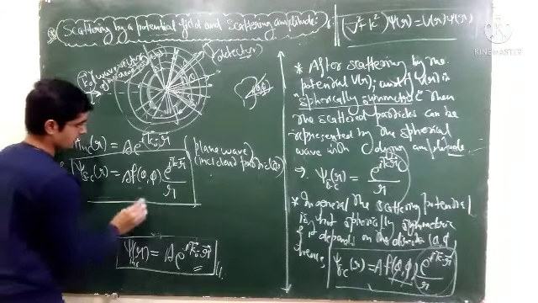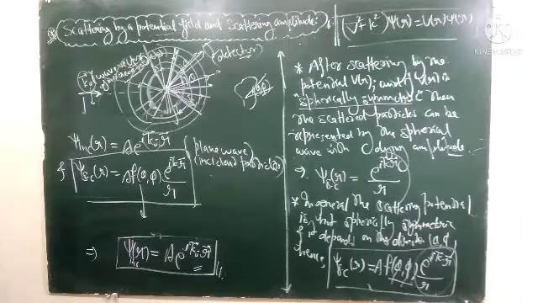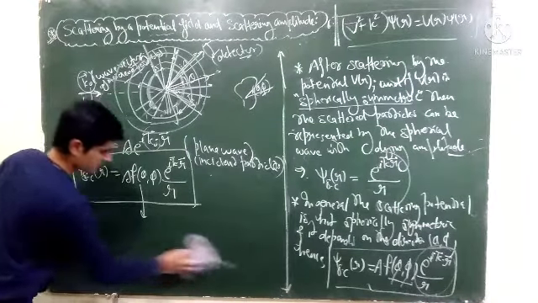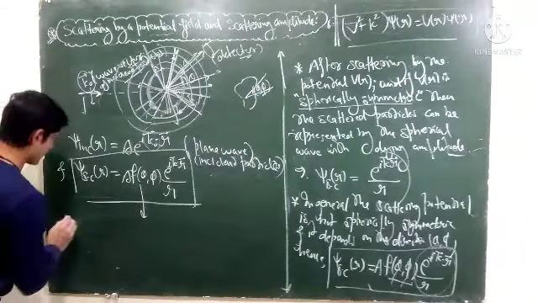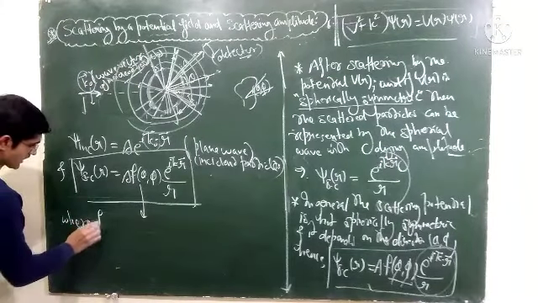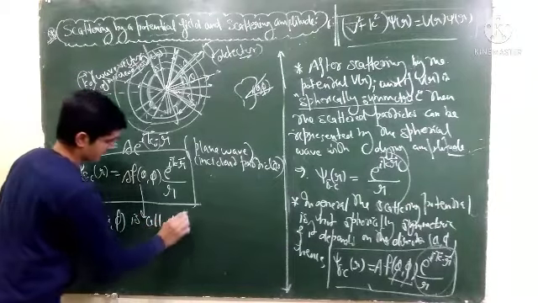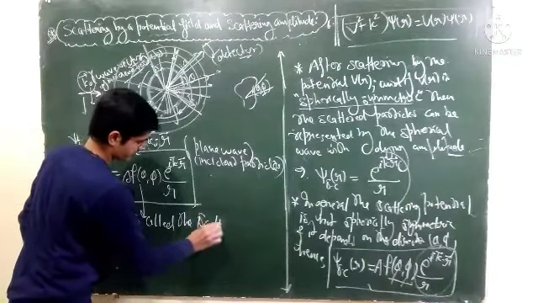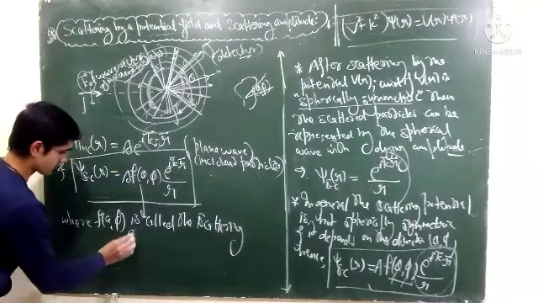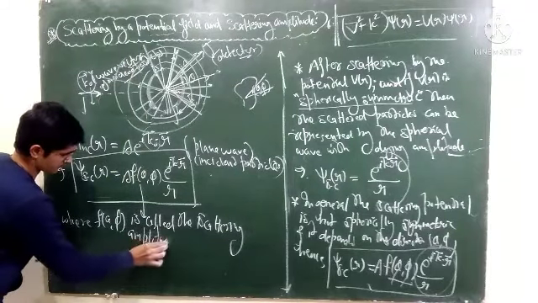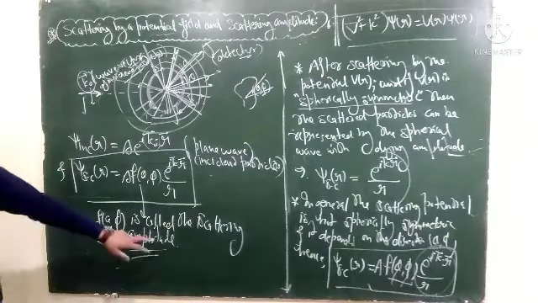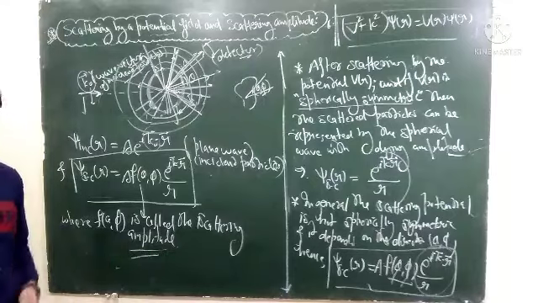This is the scattered wave, and in this scattered wave, this quantity f of theta and phi is called the scattering amplitude.